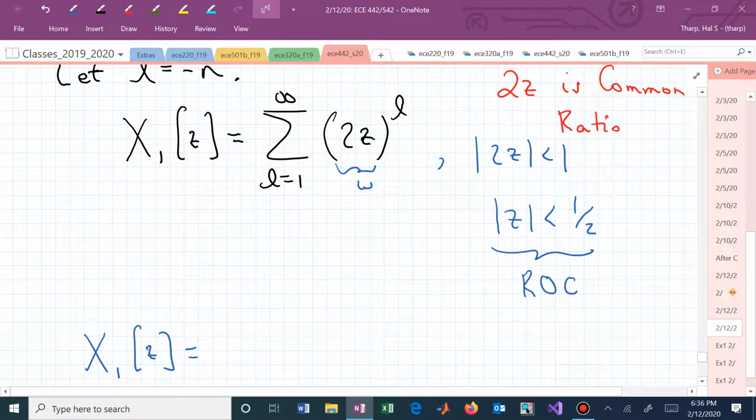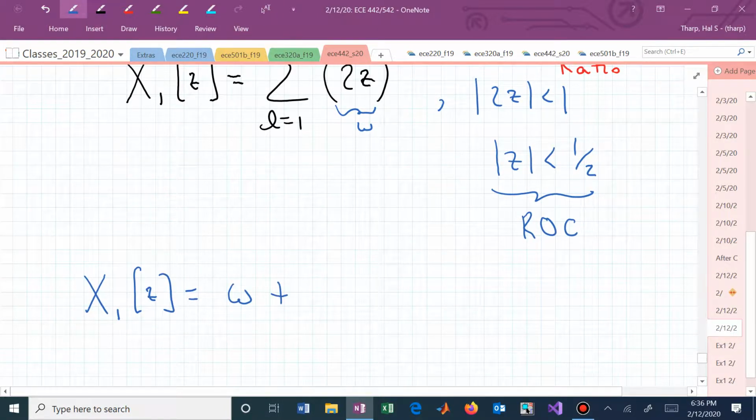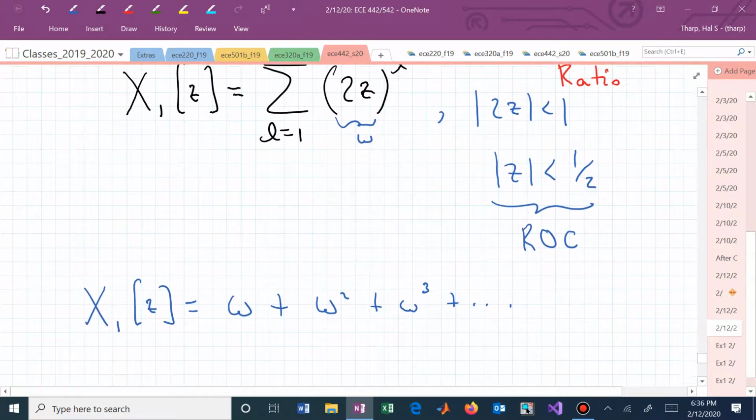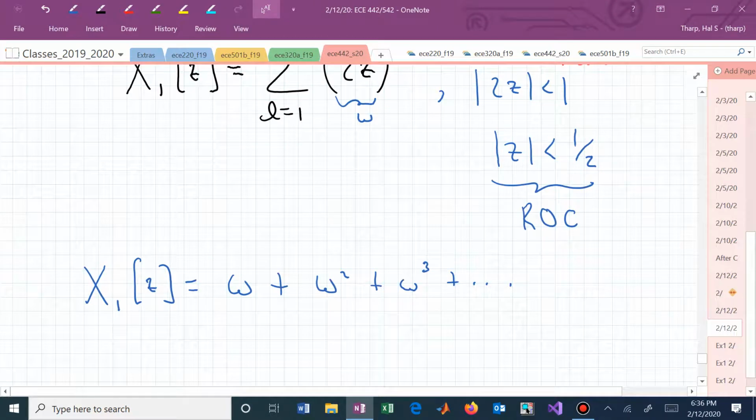Since L is equal to 1, I start with W plus W squared plus W cubed, etc. Now what could I multiply capital X sub 1 of z and still end up with the same tail shape? Or what do I want to compare this to? Probably don't want to multiply it by W. I could, I guess, but it's cleaner to multiply by the inverse of W.